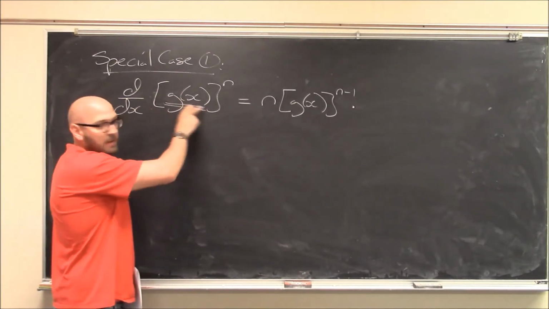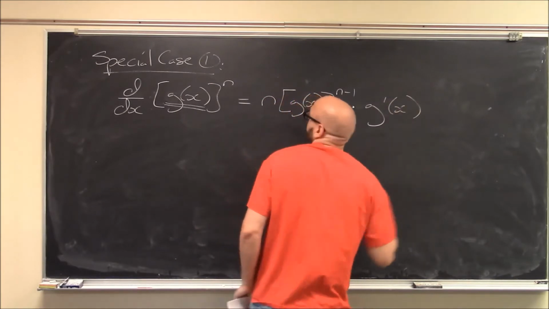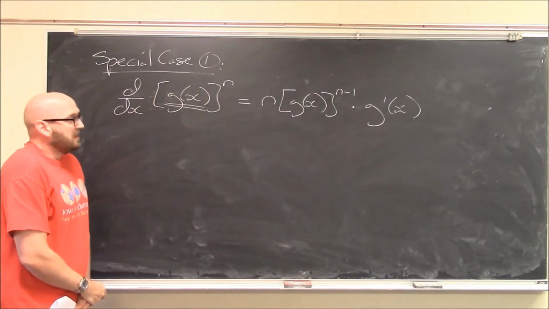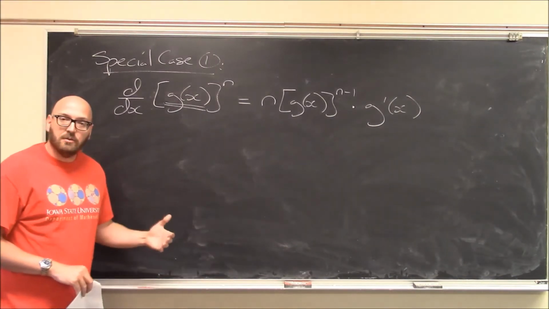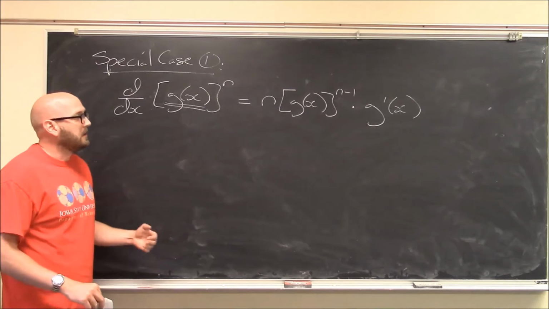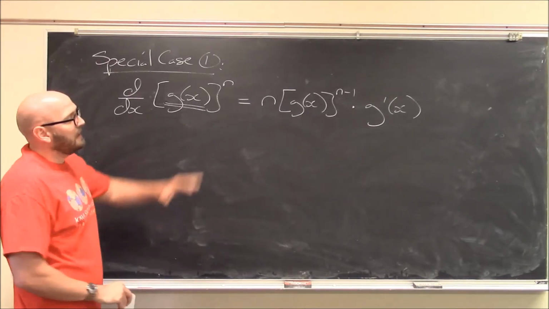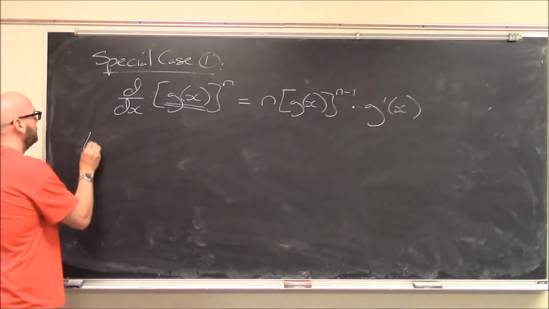So times g prime of x. And this one is really worth committing to memory because it's the one special case of the chain rule we'll be using all the time. I'll give you a few more down the road, but for our lecture today, this is the formula we'll be using.